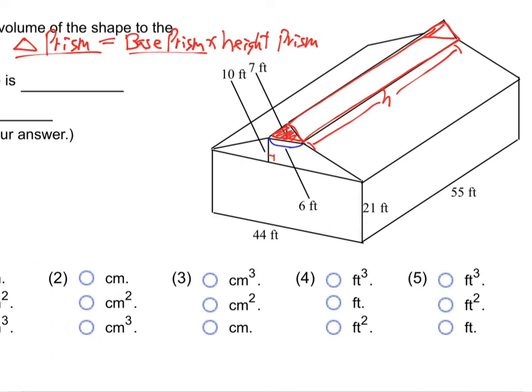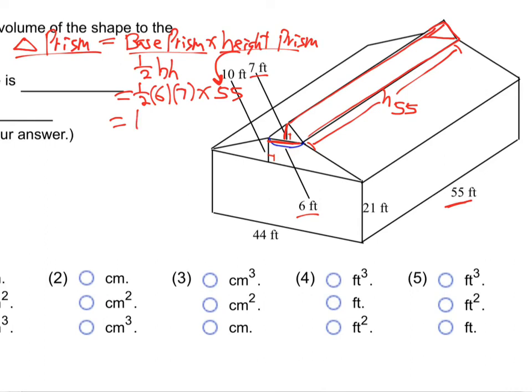Well, it's this little triangle right here. So that's a half base times height. This base right here, they're telling me is 6. And the little height right here, they're telling me 7. Times the height of the prism. What's the height of the prism? That's the 55, right? 55. So multiply that in your calculator.